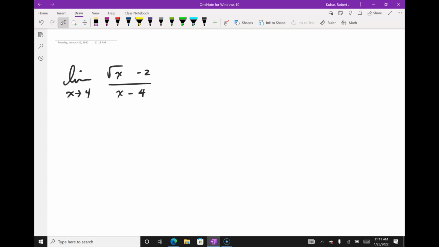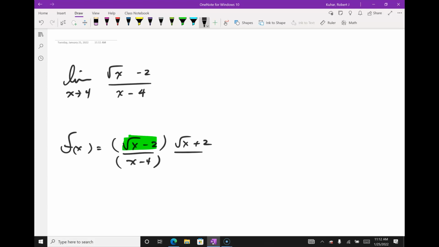I've got my function f of x and I want to find my function g of x. So f of x is square root of x minus 2 over x minus 4. And I see where the radical is. I want that conjugate, so I need rad x plus 2 all over itself, right? Is everybody with me?